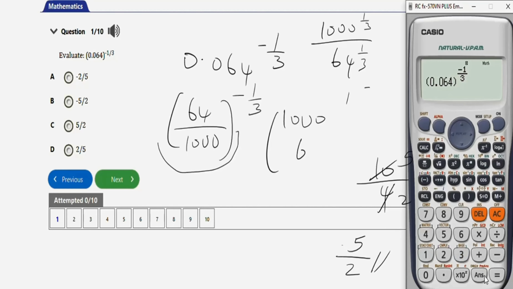Press equal to, you see 5/2, option C. The reason I showed how you can solve it manually is in case it happens to come out in theory, you will be able to deal with it.